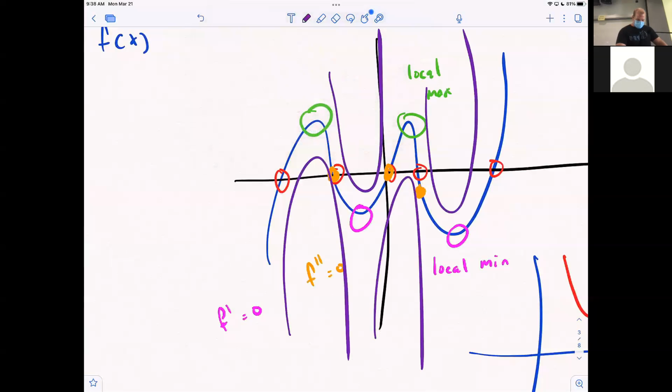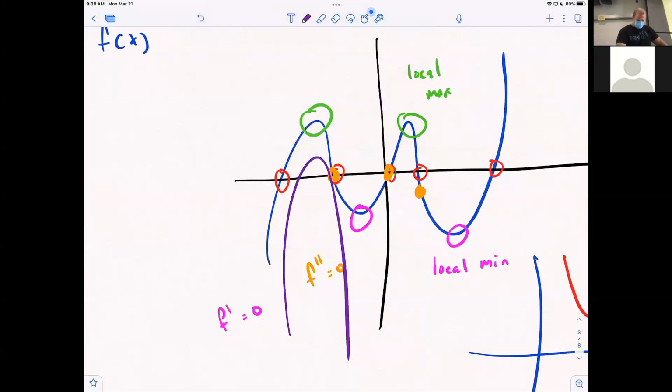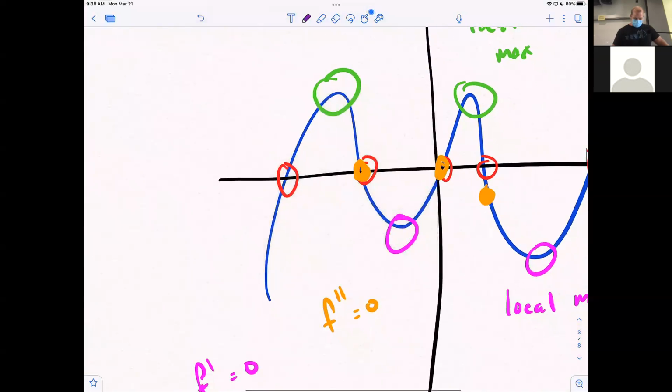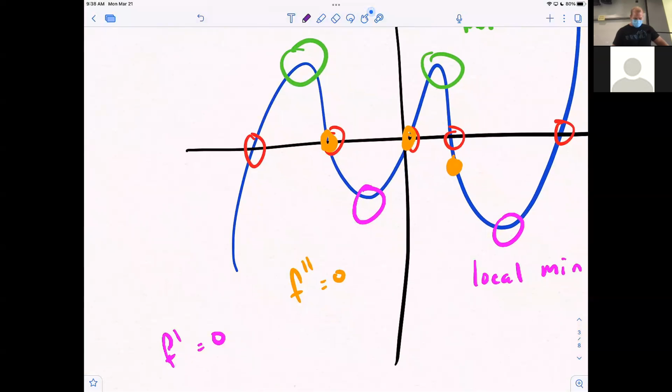Meaning that if you look at this function right here, it's kind of pointing down. And this one here, it's kind of pointing up. That's what I mean by concavity. And that's also where later you can learn in calculus, that's where the second derivative of the function equals 0.